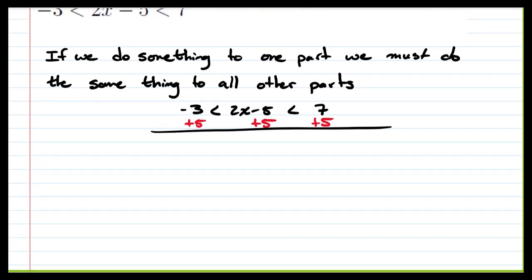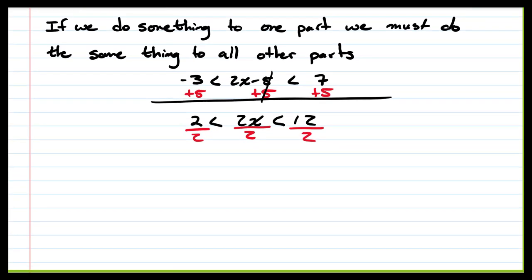That would give us -3 plus 5 is 2 is less than, those reduce out, we have 2x, and 7 plus 5 is going to give us 12. Then we further wish to isolate x, so we're going to divide all three parts by 2. And finally, at the very end, that leaves us with 1 is less than x is less than 6.